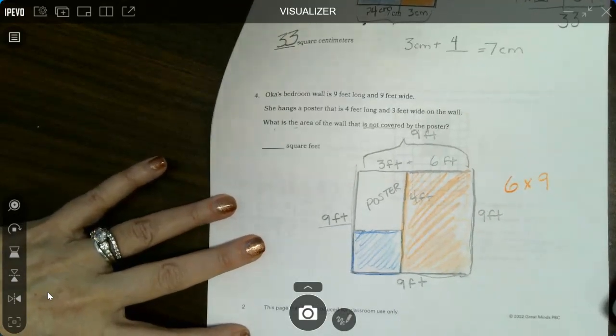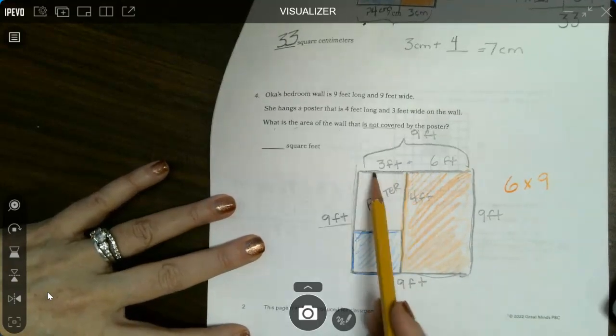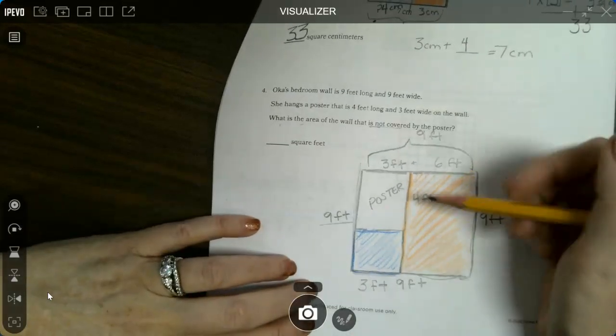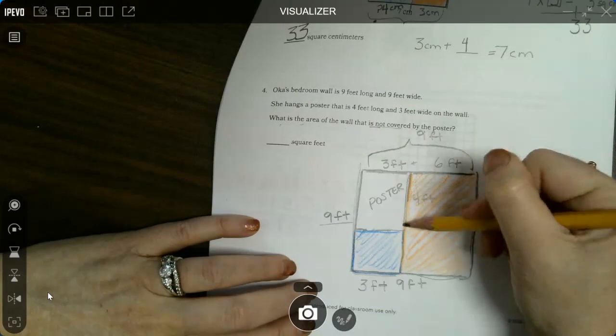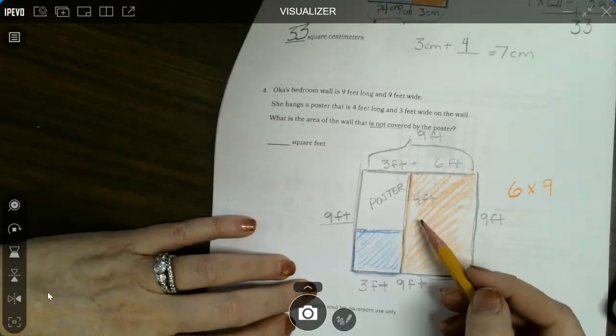Looking at the blue portion of the wall, this portion was 3 feet, which means this portion is 3 feet. This portion is 4 feet, and the whole wall is 9 feet.